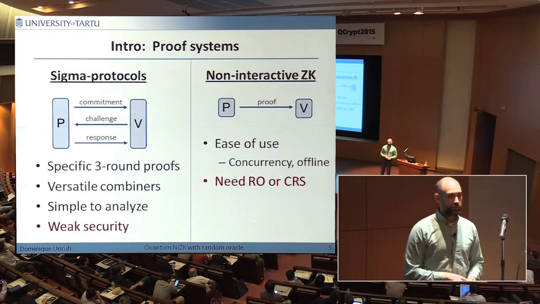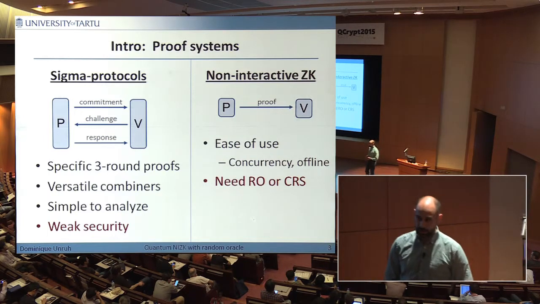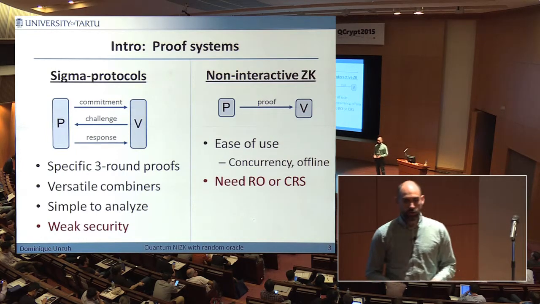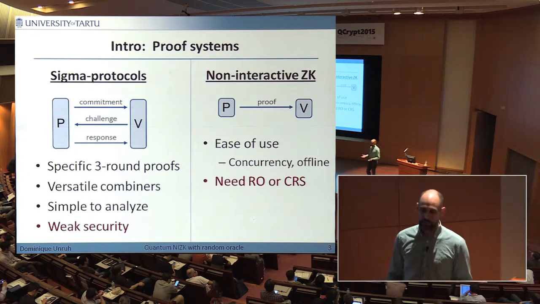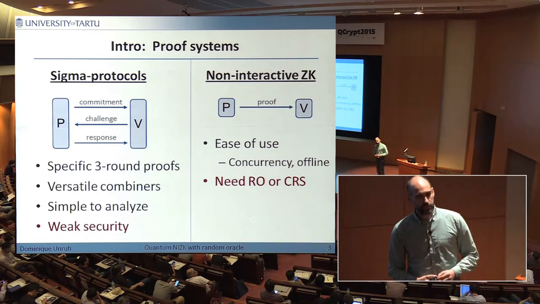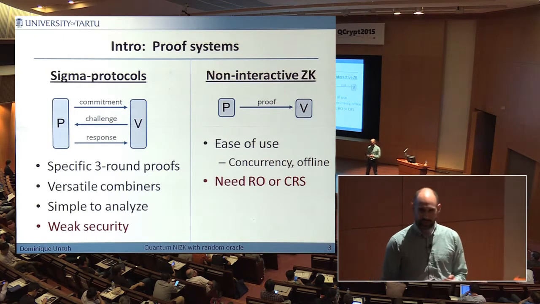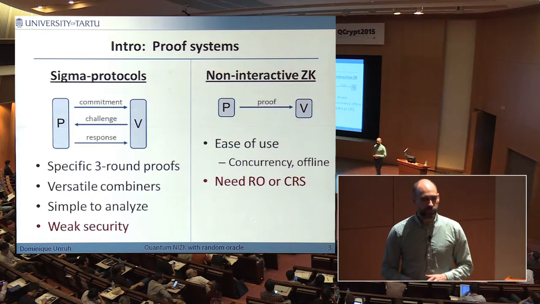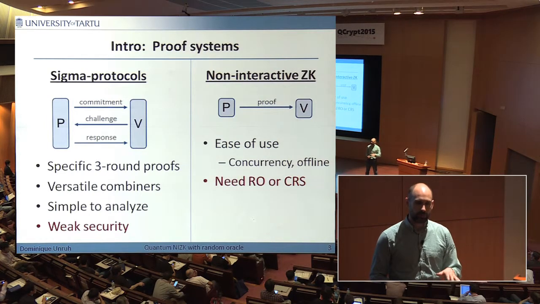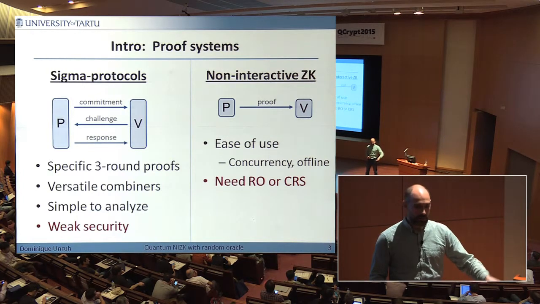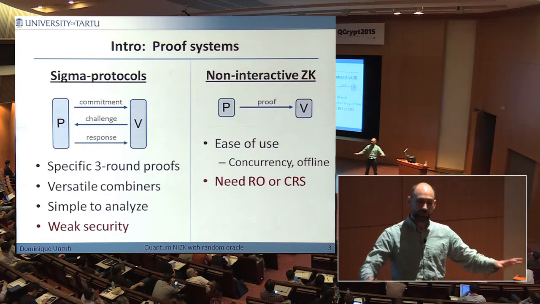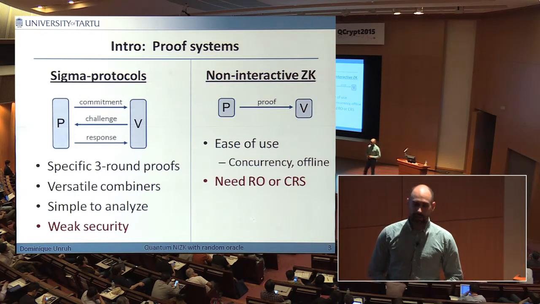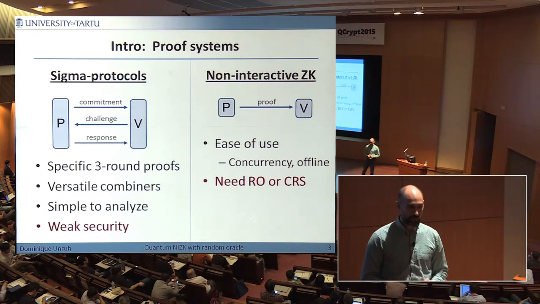And the second variant is to use a so-called random oracle. What is a random oracle? A random oracle is some idealized modeling of cryptographic hash functions. So you may have a protocol that uses hash functions like SHA-3 or something, but you cannot analyze it because it's too complex. SHA-3 has a lot of weird structure in it, and you need to understand it. So one simplification is to say, I prove the security of my protocol not using SHA-3, but actually saying there's a random function, a uniformly randomly chosen function, that's my hash function, and I prove that the protocol is secure under the assumption that that's my hash function.